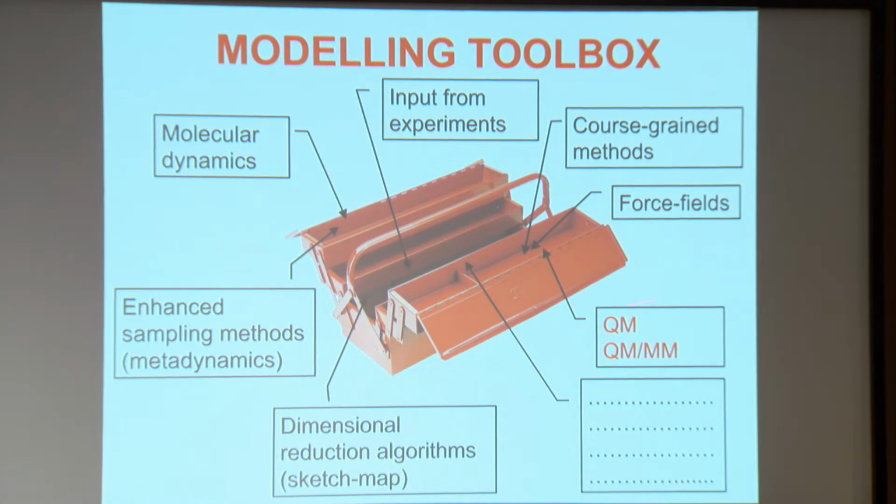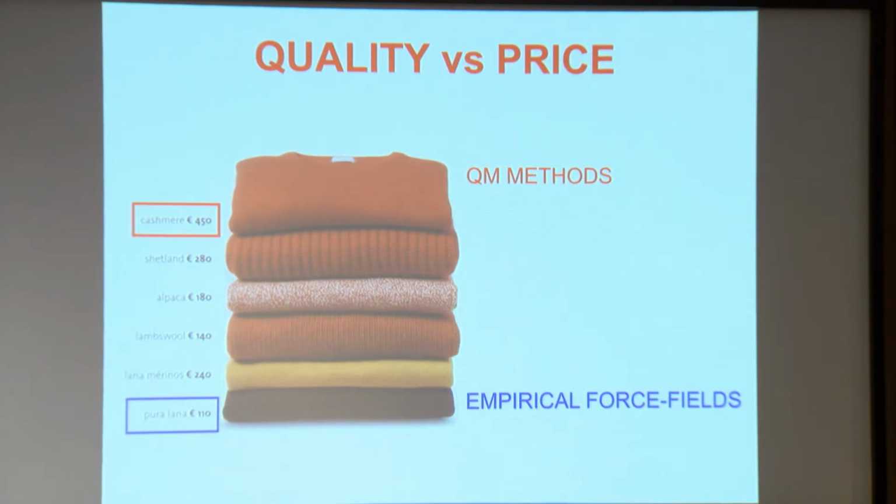So the quantum mechanical methods and the QM/MM methods are one of the methods in a larger toolbox that we need to use. And I always think about it in a quality versus price framework, in the sense that every choice has a price. So if we want to have a very sophisticated cashmere jumper with respect to a normal wool one, we have to pay more.